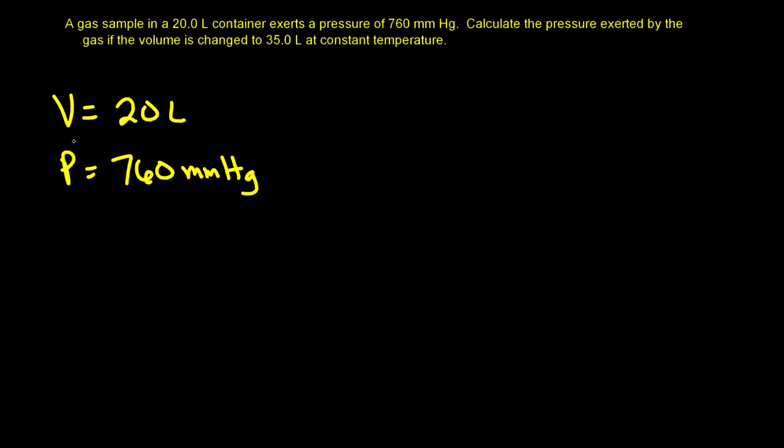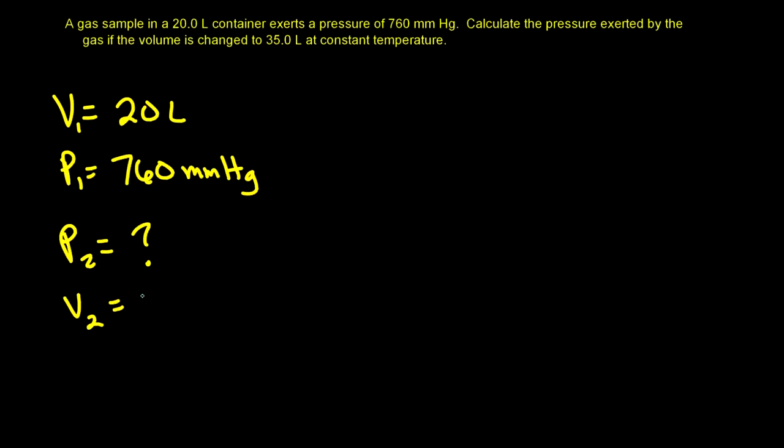These two values go together, so I call this volume 1 and pressure 1. Calculate the pressure exerted by the gas if the volume is changed to 35 liters at a constant temperature. So I'm calculating pressure, so I'm looking for the new pressure, so I don't know what that is. Exerted if the gas is changed to a volume of 35 liters.